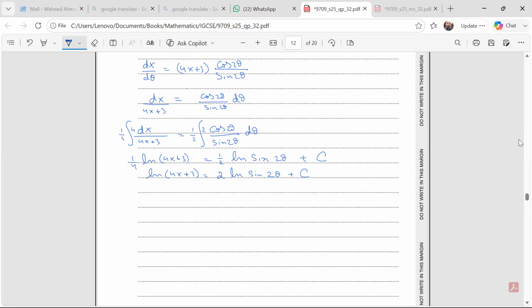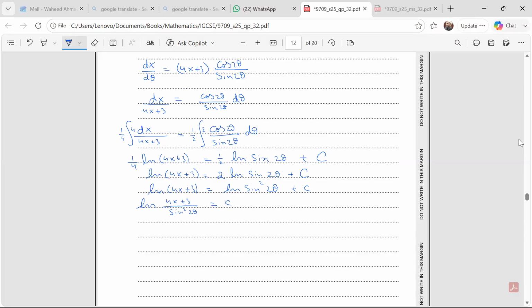I can write this as log of sine squared 2 theta, since the 2 can go inside. If I bring it to the other side, the left side becomes log of (4x plus 3) minus log of sine squared 2 theta, so I can write it as log of (4x plus 3) divided by sine squared 2 theta, and this equals a constant.